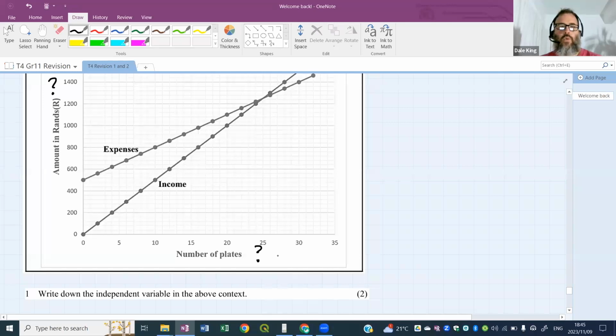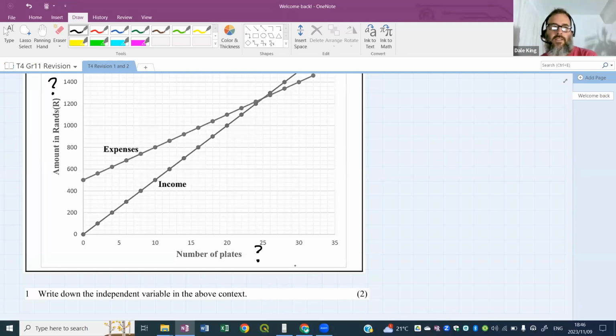We just want to figure out which one is which. So one depends on the other. We're looking at the income, meaning the more plates you sell, the more income you have. So does the money you make depend on the number of plates you sell, or does the number of plates you sell depend on the money you make? The money you make depends on the amount of plates you sell. Absolutely. So the rand value depends on the number of plates.